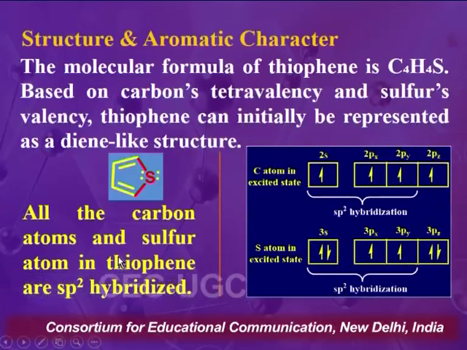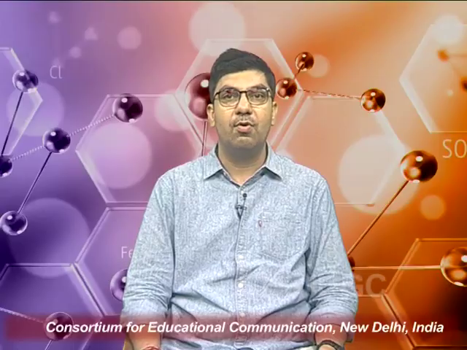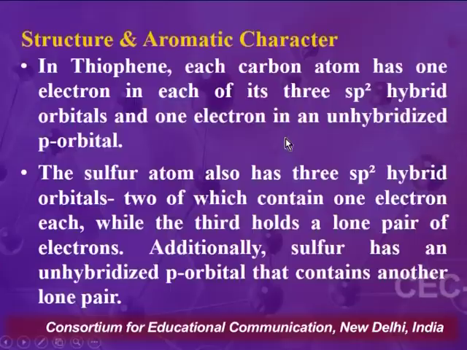And as I told you that both carbon and sulfur are sp2 hybrid, then the hybridization of carbon and sulfur will be like that. There will be contribution of s orbital and 2 p orbitals in each carbon and sulfur atom. So each carbon atom has one electron in each of its 3 sp2 hybrid orbitals and one electron in an unhybridized p orbital.